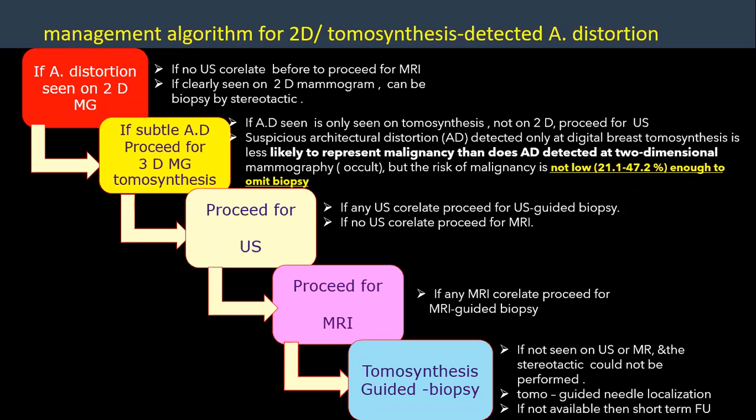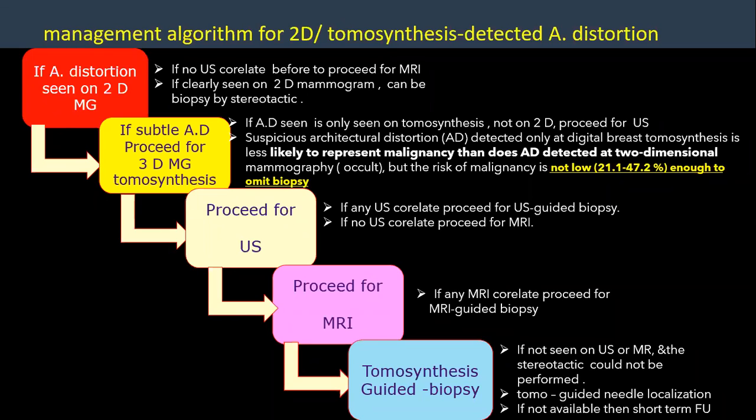So the occult 2D architectural distortion seen in 3D should not omit the biopsy. We have to proceed. The probability of malignancy is less than for a lesion present on 2D. If architectural distortion is seen on 2D, that means it is a real and more suspicious architectural distortion.